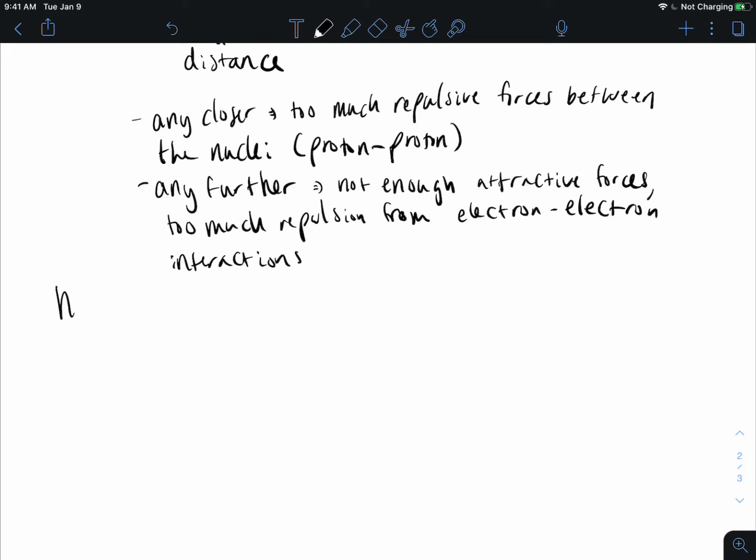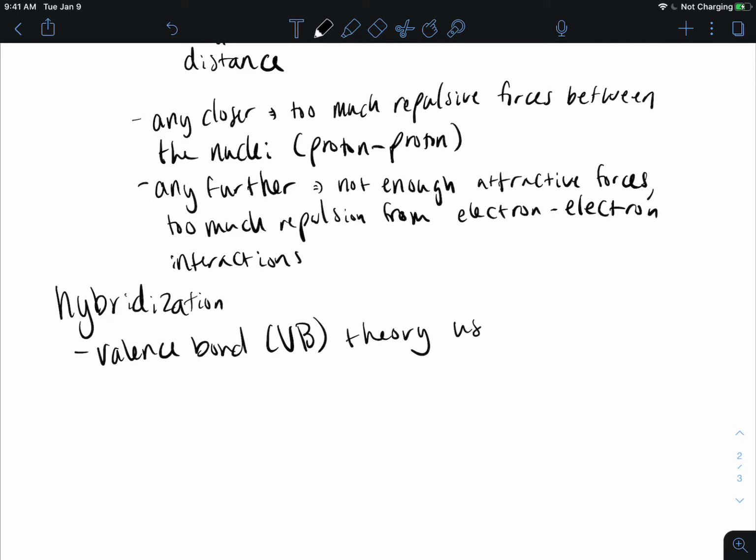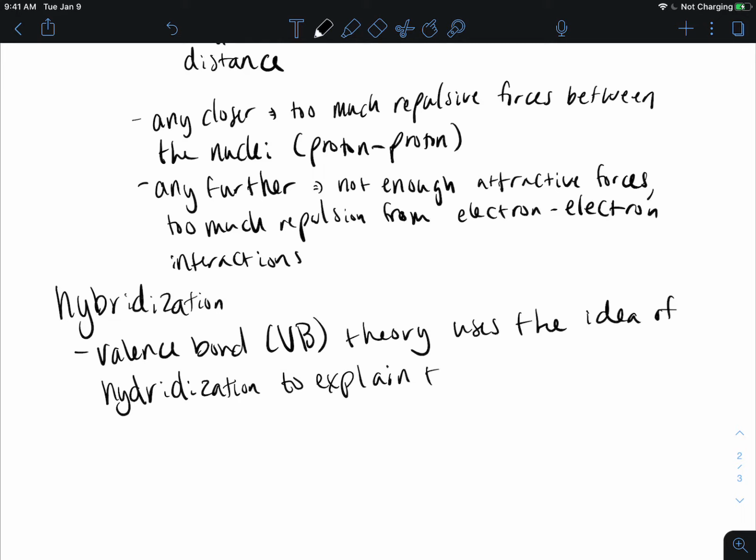So, valence bond theory, which I'm just going to start calling VB, uses the idea of hybridization to explain the shapes that molecules exhibit in VSEPR.